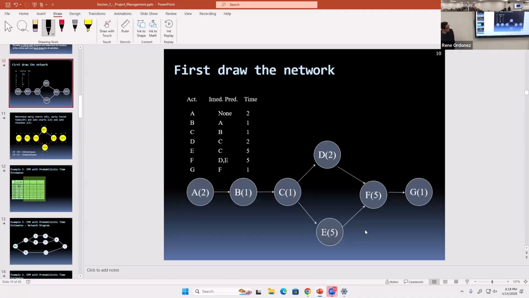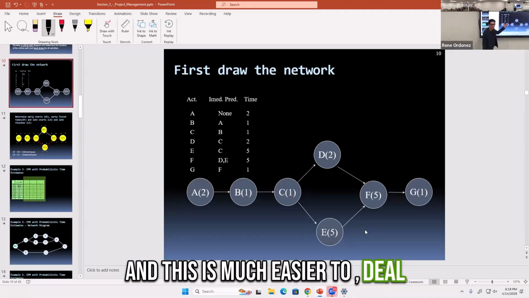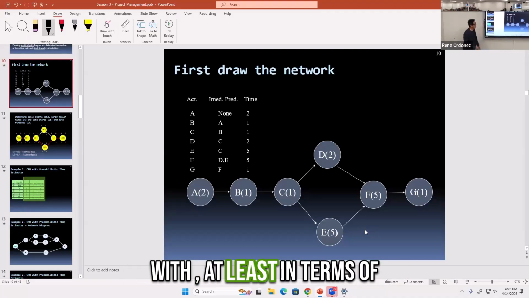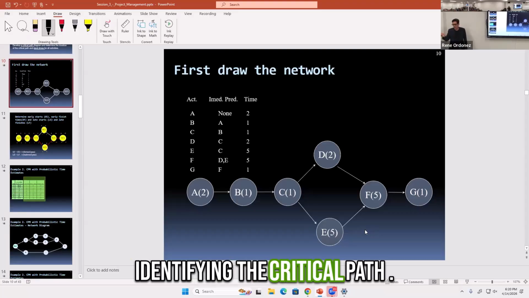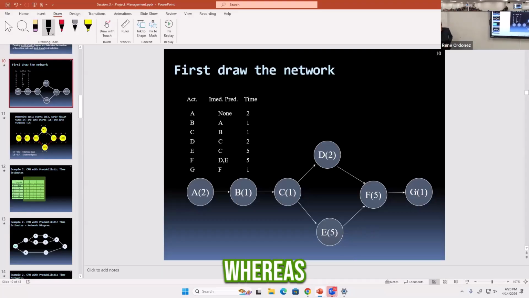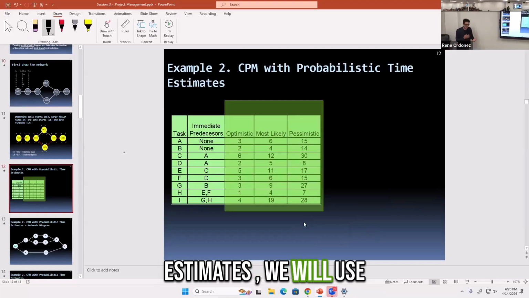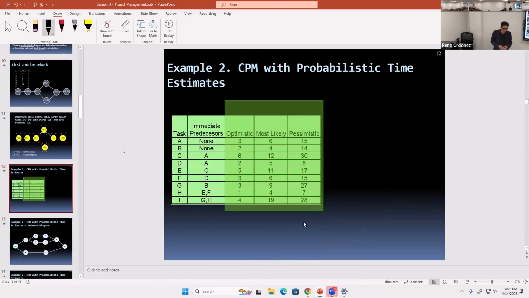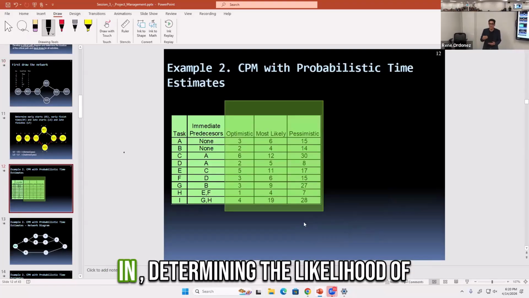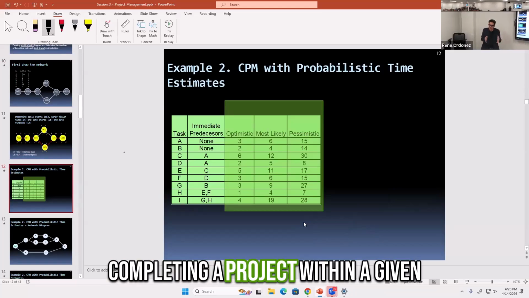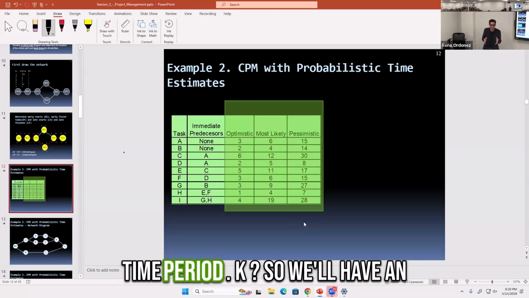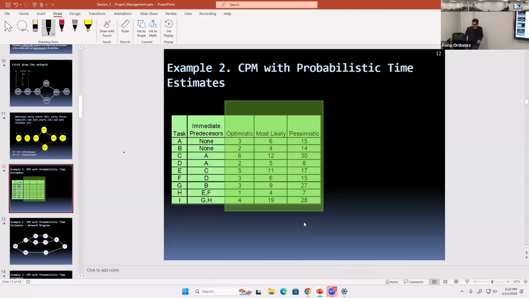And this is much easier to deal with, at least in terms of identifying the critical path. Whereas for the probabilistic time estimates, we will use the normal probability distribution in determining the likelihood of completing a project within a given time period. Okay, so we'll have an example of that application.